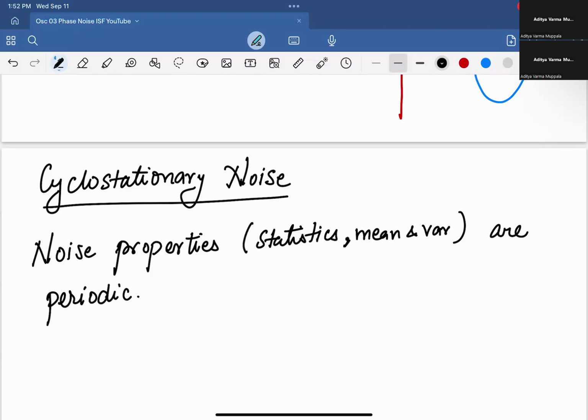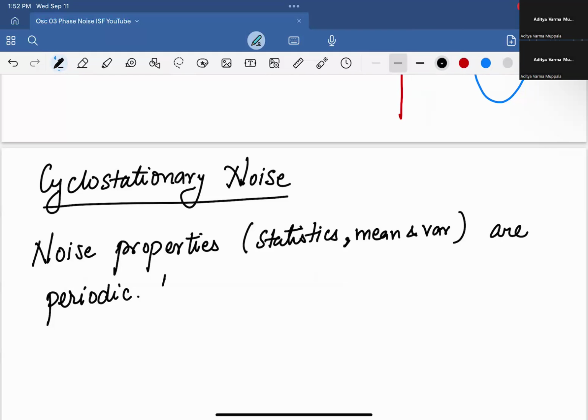So far we've assumed white noise, which means the statistics are independent of time, also called stationary noise sources. But now we're looking at cyclostationary noise sources, where the noise properties are periodic in time. So within a single period, they can change.